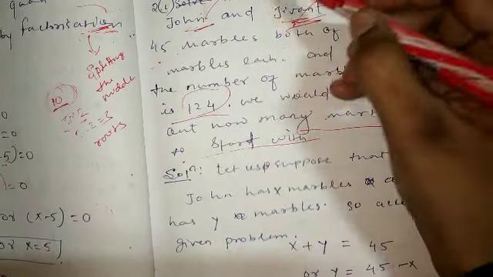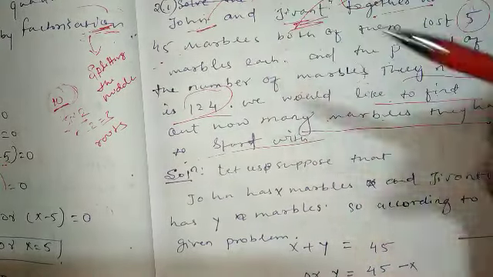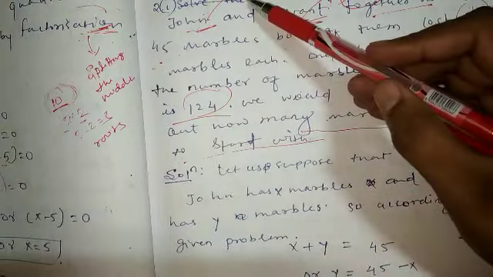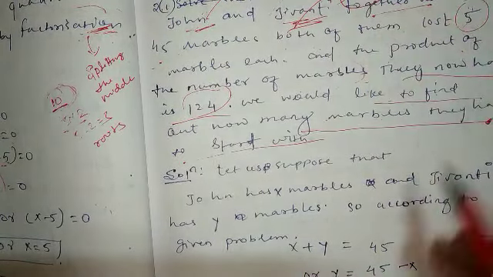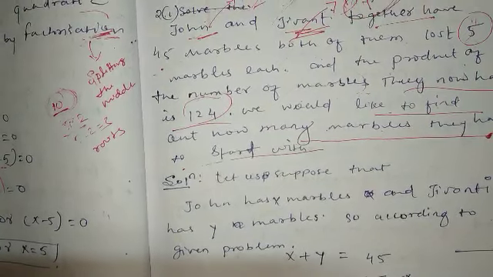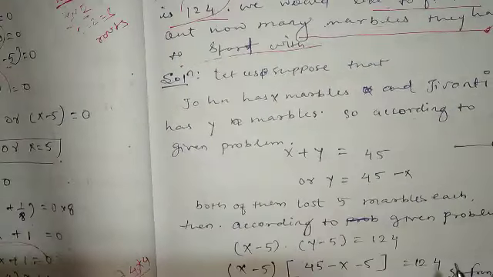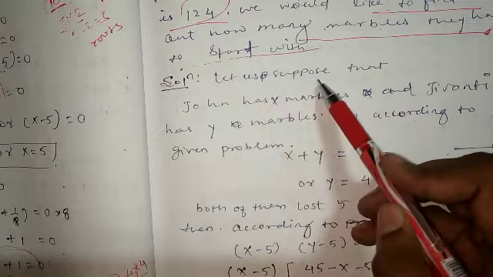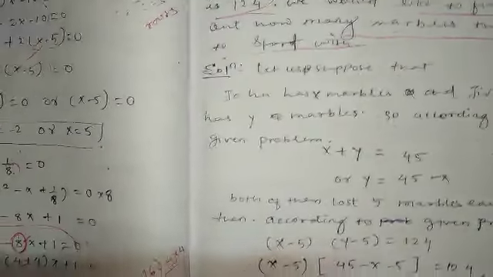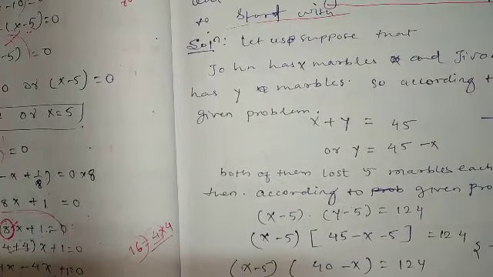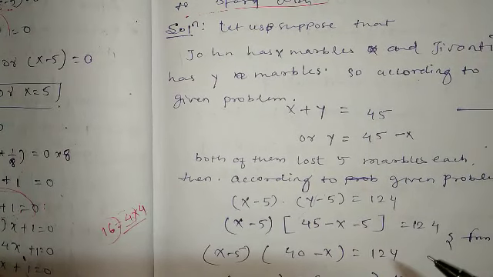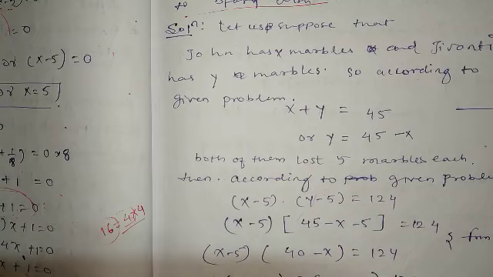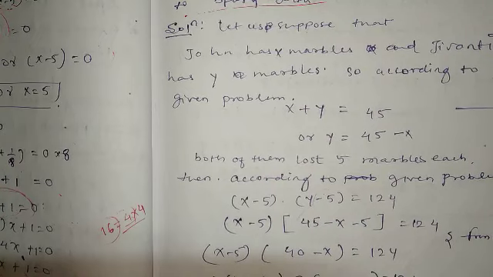Firstly we suppose that the number of marbles John had is X and the number of marbles Jivanti has is Y. I think the question is very clear. We will solve this by the quadratic method: we'll form a quadratic equation and solve it by the splitting the middle term method.